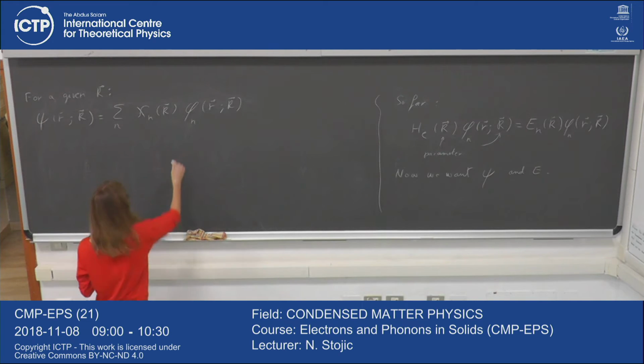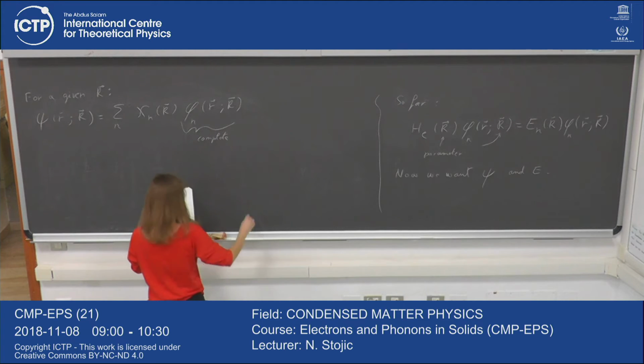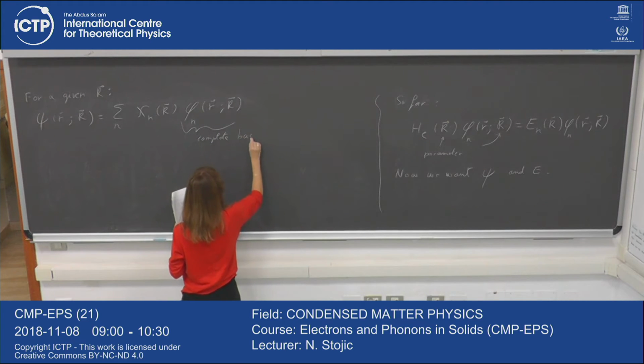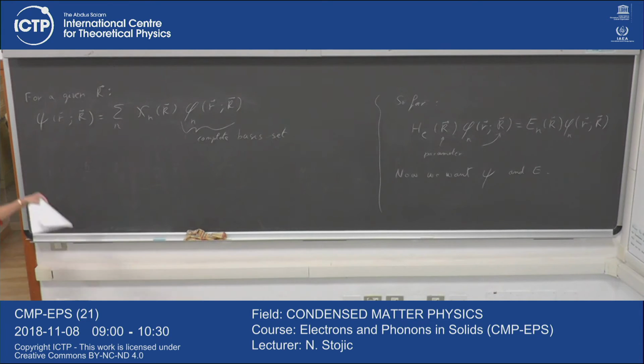So this is a complete basis, or a complete basis set at a given R that gives us any wave function psi. So in general, one can write the psi in this way without any loss.